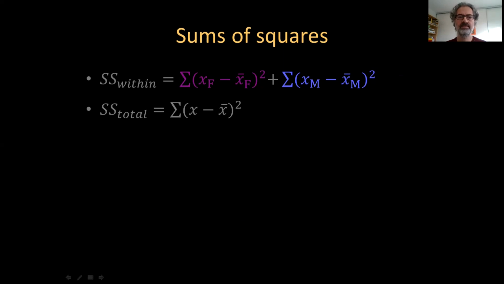And this is contrasted with the total sum of squares, which is calculated by subtracting the grand mean from every data point and then squaring that. So this is the total sum of squares.